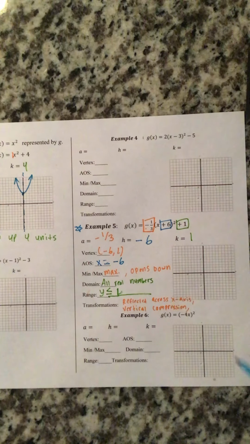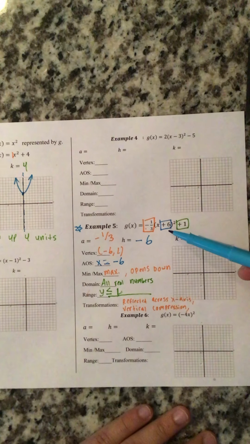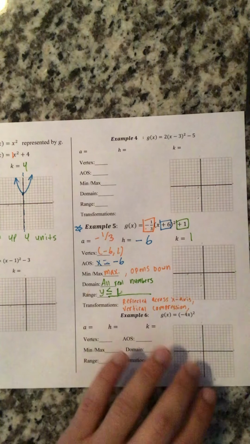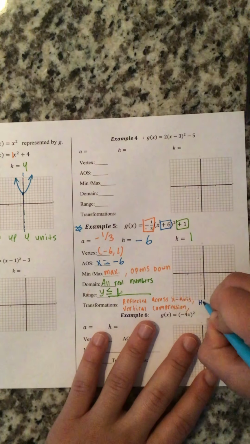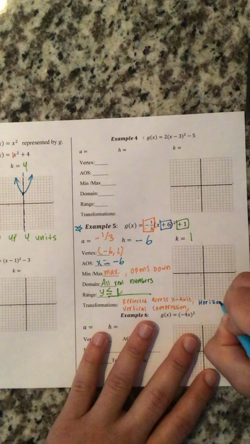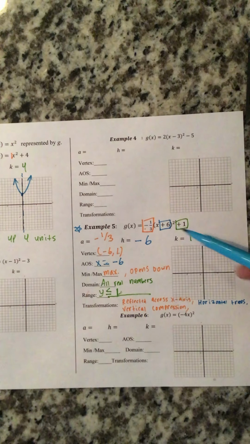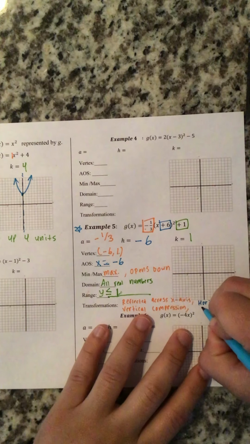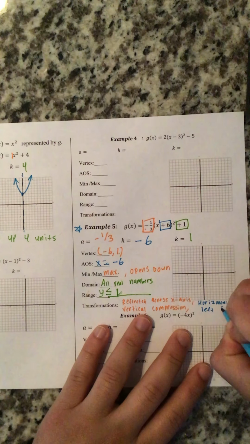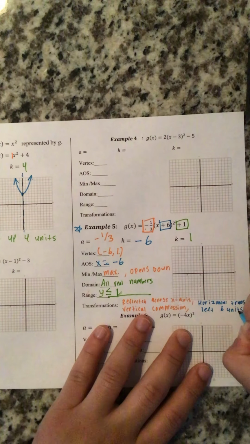Now this +6. Since it's in parentheses, I know it's going to be a horizontal translation. But since it's +6, that means it's going to be left 6 units.